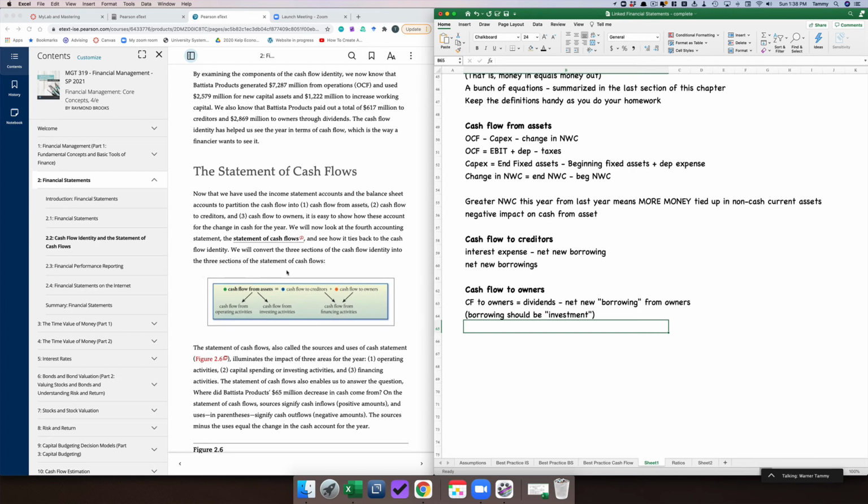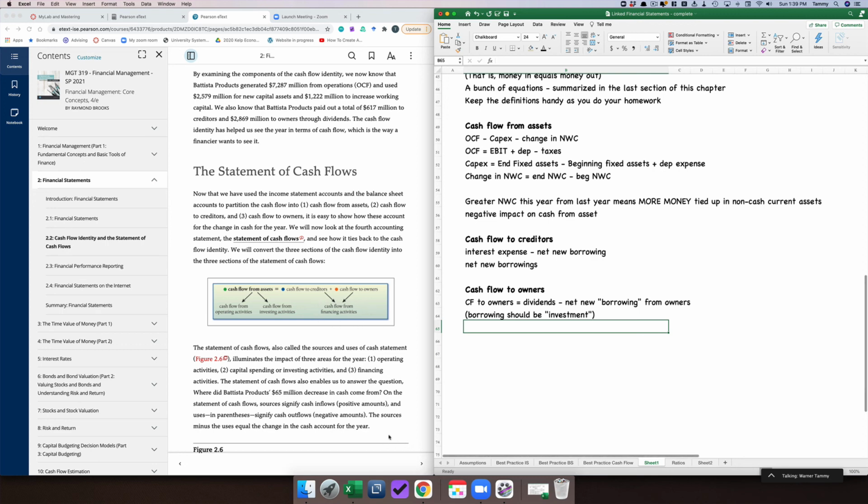It is somewhat different from the way that a traditional cash flow statement is laid out. A traditional cash flow statement from your accounting department consists of cash flow from operating activities and cash flow from investing activities. In our financial analysis world, these are both rolled up into cash flows from assets. And then cash flow to creditors and owners, those are both rolled up into cash flow from financing activities.